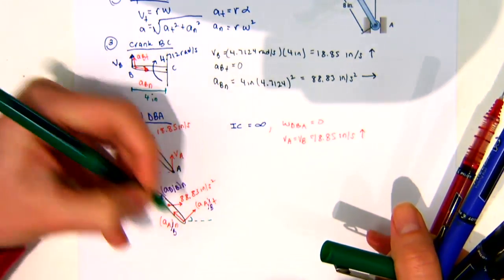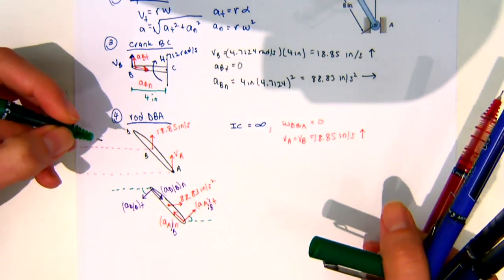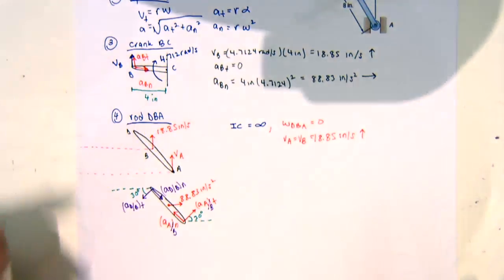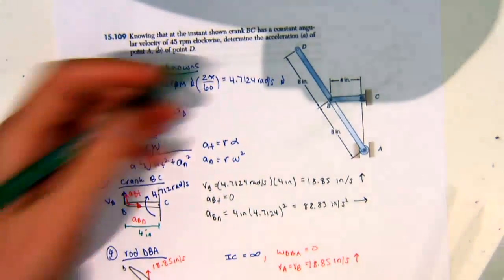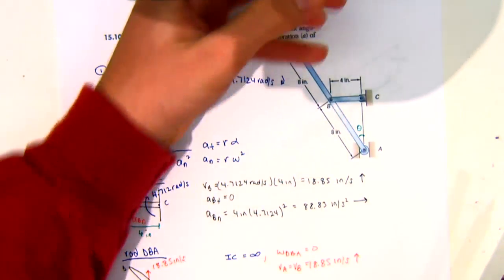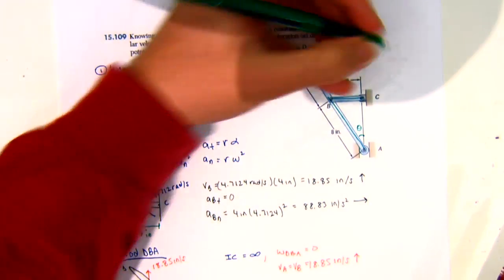I know that this angle right here and this angle right here are both 30 degrees because that was given in the problem. Well, actually, no. We can find that by the geometry of this. If I call this theta, that's 8, that's 4.